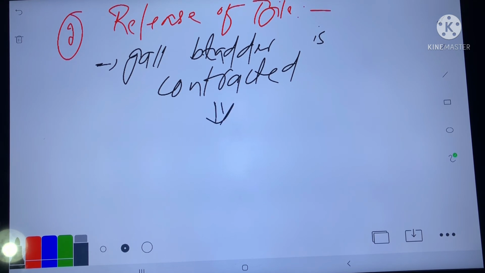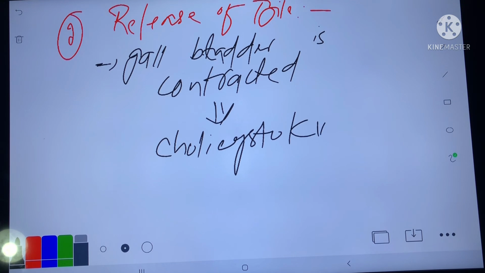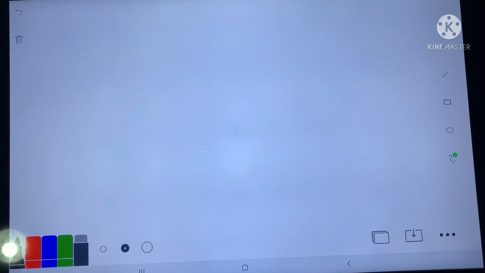Contraction of the gallbladder takes place by cholecystokinin. Cholecystokinin causes the contraction of the gallbladder. When the gallbladder is contracted, it causes the release of the bile.